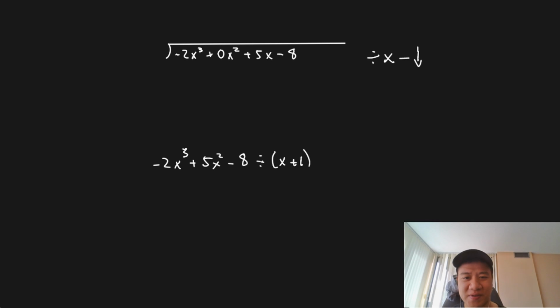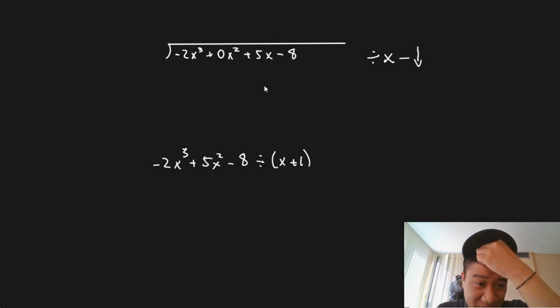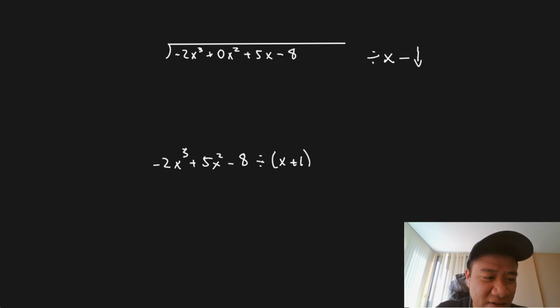So what you would do in your long division is have negative 2x cubed plus 5x squared plus 0x minus 8. So that's what you would do. Any term you're missing, you just add a placeholder.